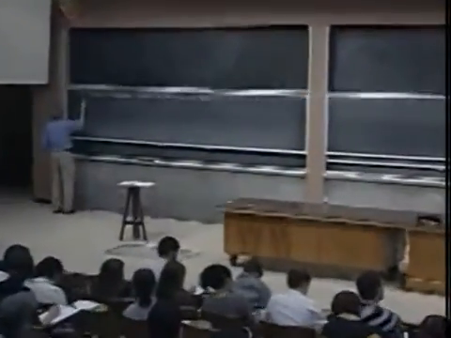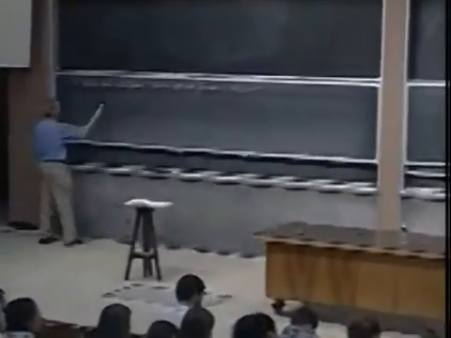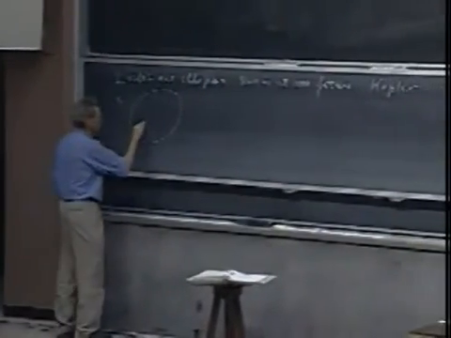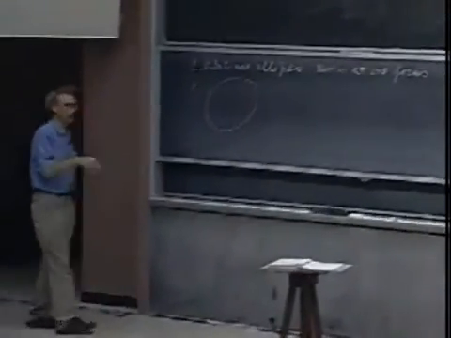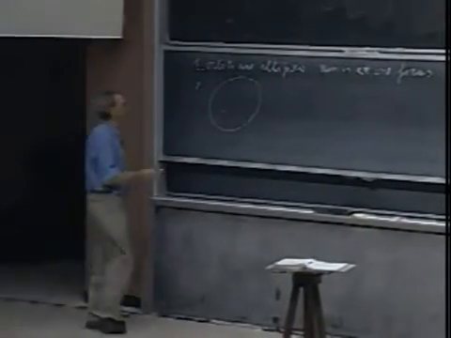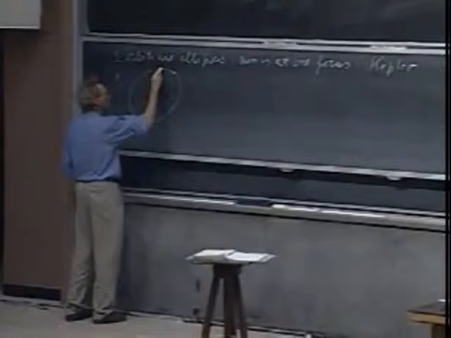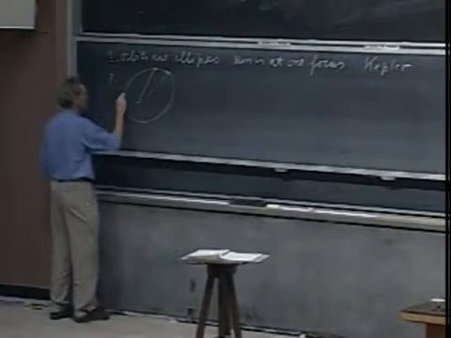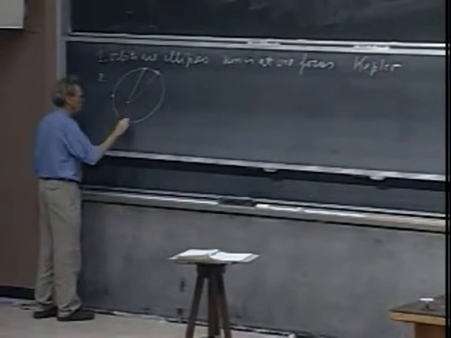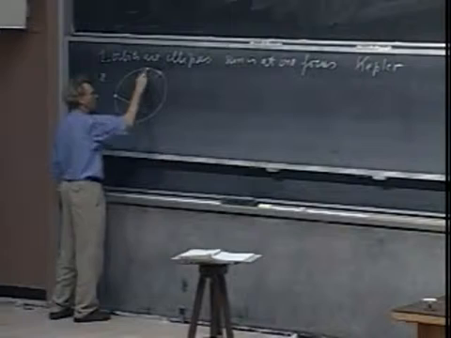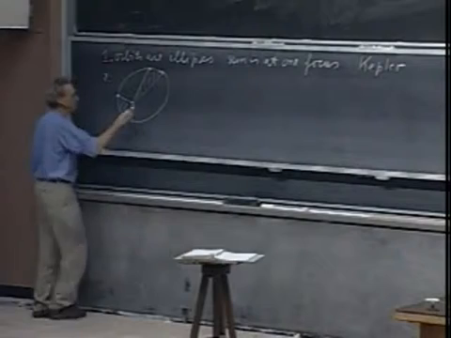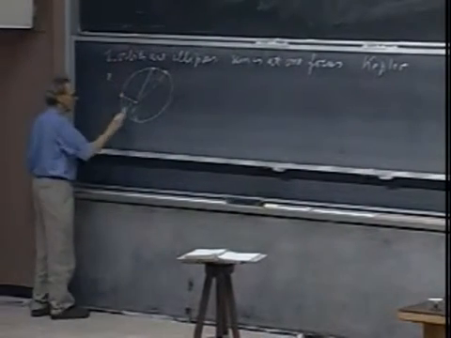Kepler's second law is quite bizarre in how he found that out. An amazing accomplishment. If you take an ellipse and you put the Sun here at a focus, this is highly exaggerated because I told you that most orbits look sort of circular, and the planet goes from here to here in a certain amount of time, and you compare that with the planet going from here to here in a certain amount of time, then Kepler found out that if this area here is the same as that area here, the time to go from here to here is the same as to go from there to there.